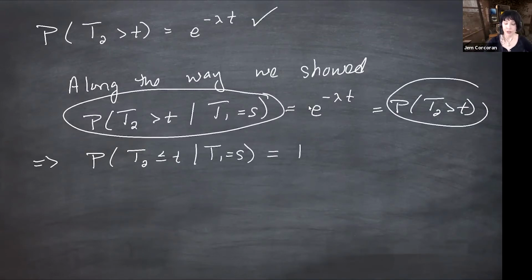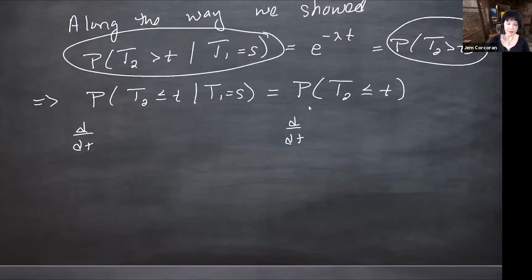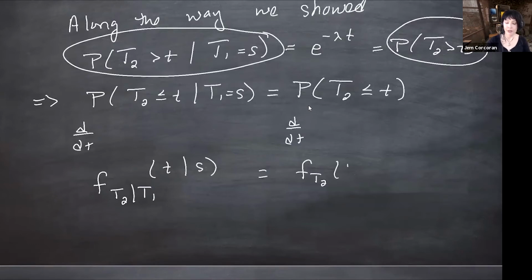And so this is equal to the probability that t2 is less than or equal to t. And if you take the derivative on both sides with respect to t, then what you have on the left side is the conditional PDF of t2 given that t1 is s. And on the right side, you have the PDF for t2.